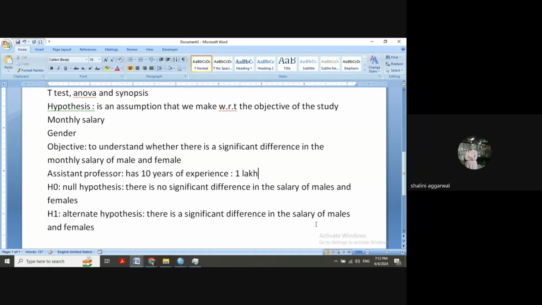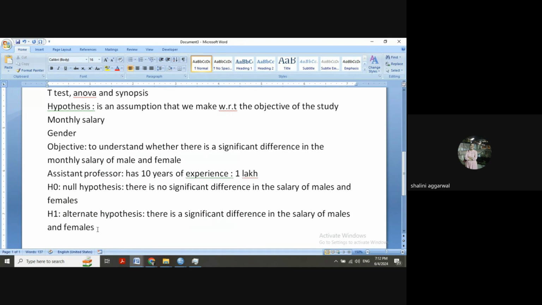There is a significant difference in the salary of males and females. Either of the hypotheses will be true. So hypothesis is a statement that defines the objective. There are 2 hypotheses, one null and the second alternate. Either this will be true or this will be true.